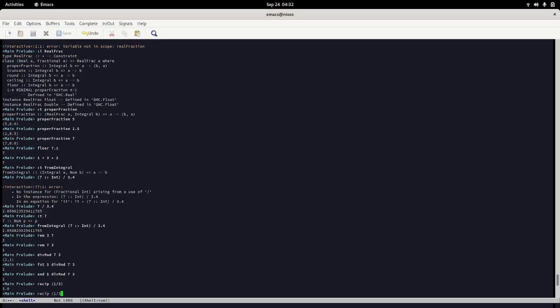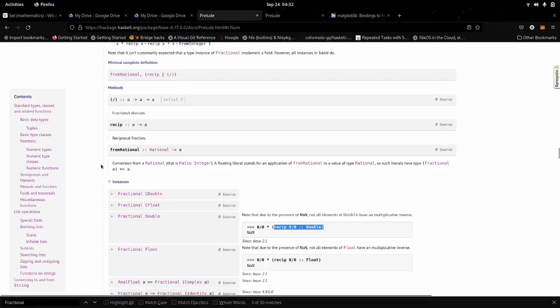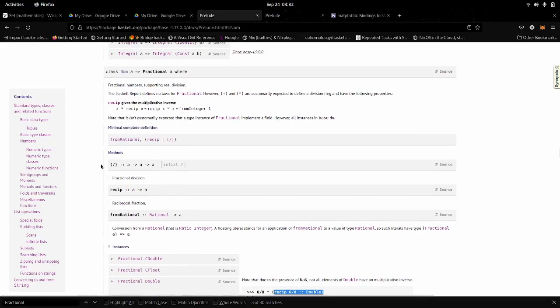Ah, that does work. Cool, so that actually does give us a reciprocal there. So that's Fractional. Again, I just recommend being aware of all the different functions that you have available, and I'm just trying to get through all the different type classes here.